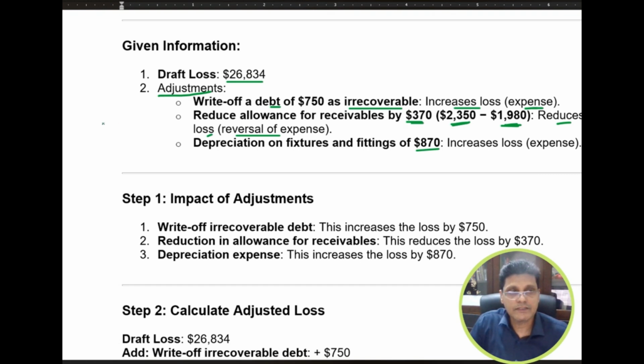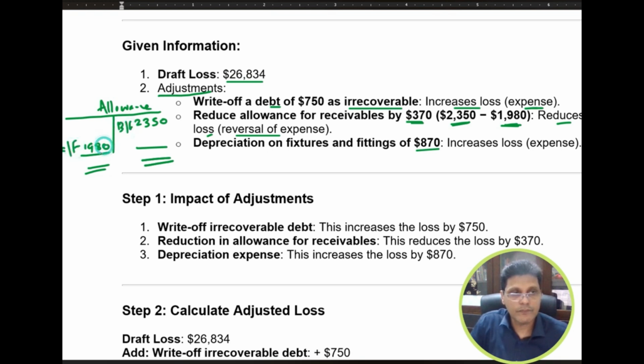So when you take the allowance account, the opening balance is a credit balance of 2,350. The closing balance is 1,980, so this is the brought forward balance and this is the carried forward balance.